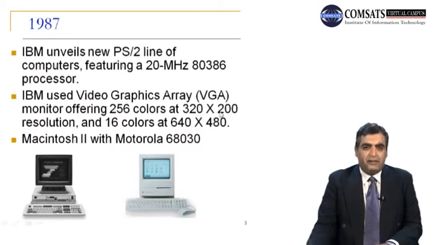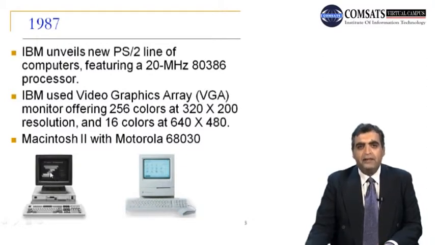This resolution means that on your screen there will be 320 dots in one line on the x-axis, and 200 lines on the y-axis. We call each dot a pixel. Pixel means picture element, and each pixel can store 256 different colors. For 16 colors, the resolution was enhanced to 640 by 480 pixels.